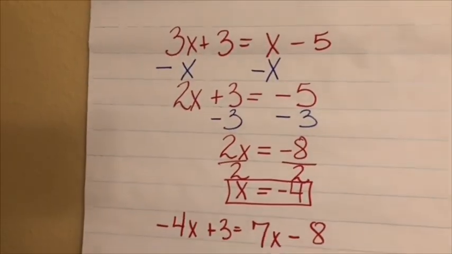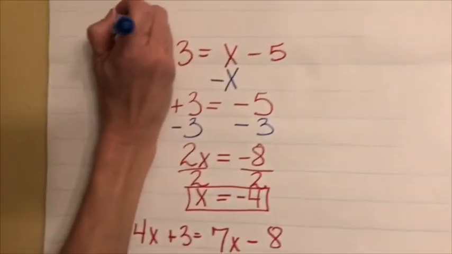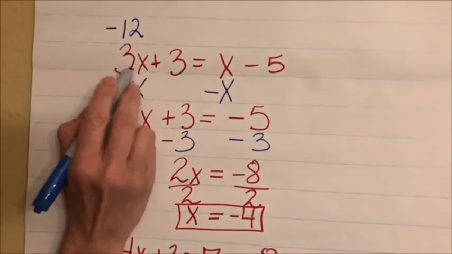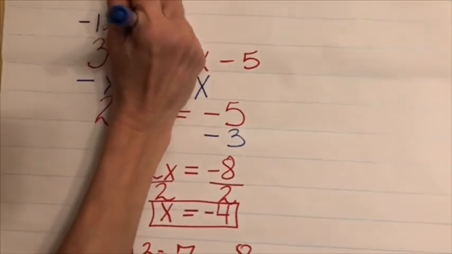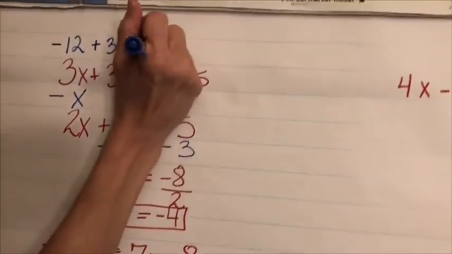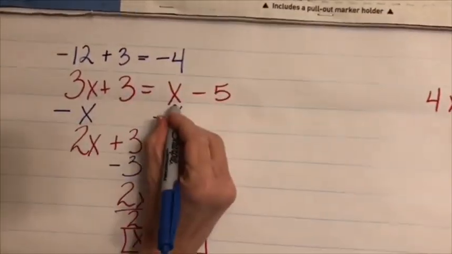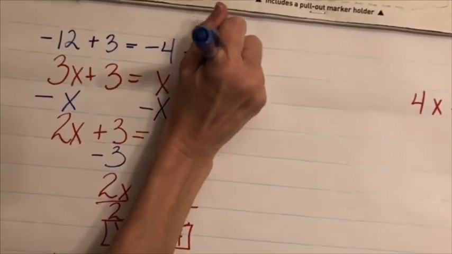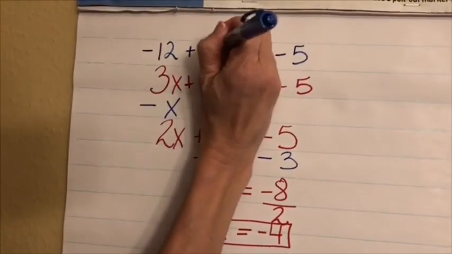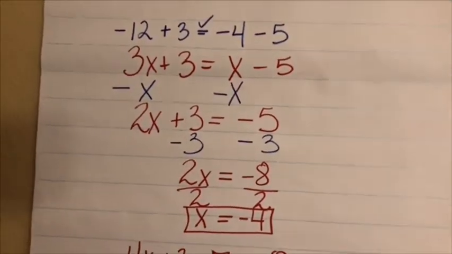And my check would look like this. Negative 12, because negative 4 times 3 is negative 12, plus 3 equals negative 4, put that in for x, minus 5. And if I do the math, negative 9 equals negative 9, so it does check.